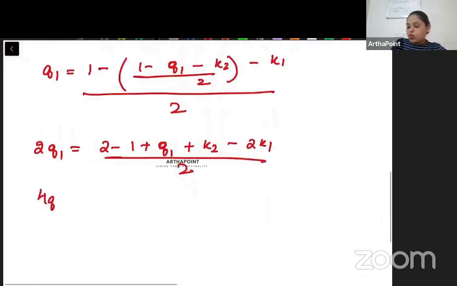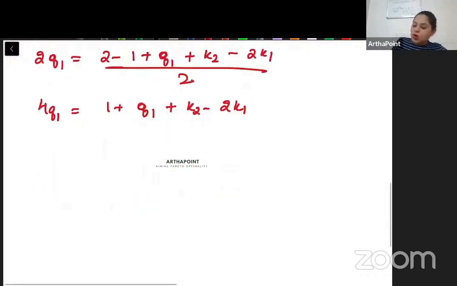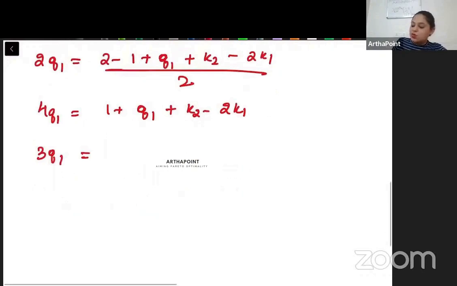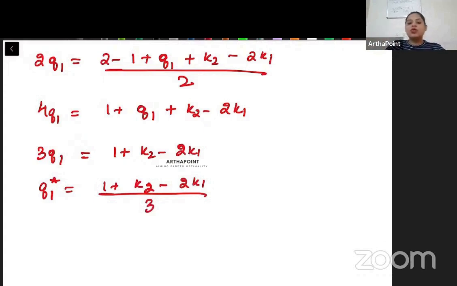So 4Q1 is equal to 1 plus Q1 plus K2 minus 2K1. So 3Q1 is equal to 1 plus K2 minus 2K1. So Q1 star will be (1 plus K2 minus 2K1) by 3. This is what your Q1 star is going to be.